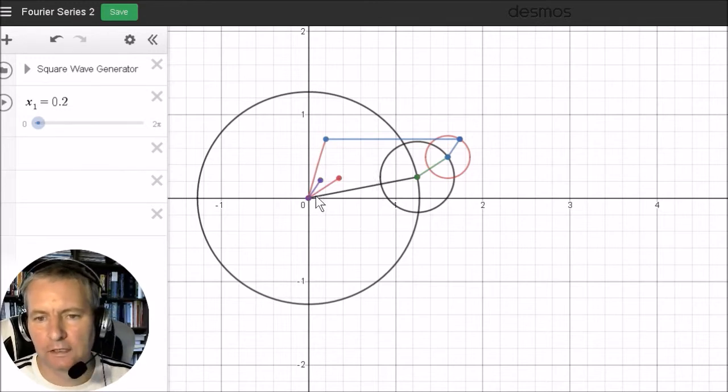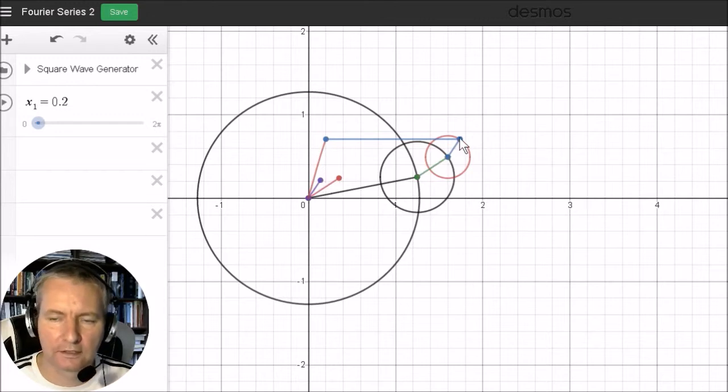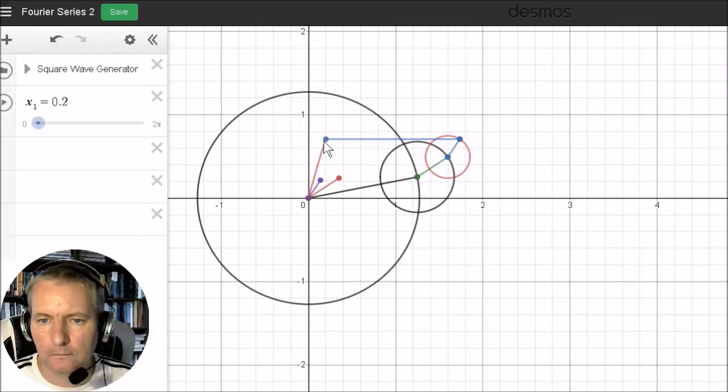Now what I've done is I've taken this one here and I've added it on to the end of this point here. So we're just summing these phasors up vectorially, so that one goes to there, and this phasor here gets added on to the end of this point here. So we get this little single point here, and our contention is that because we've added these up vectorially, this point will map out the approximation to that square function.